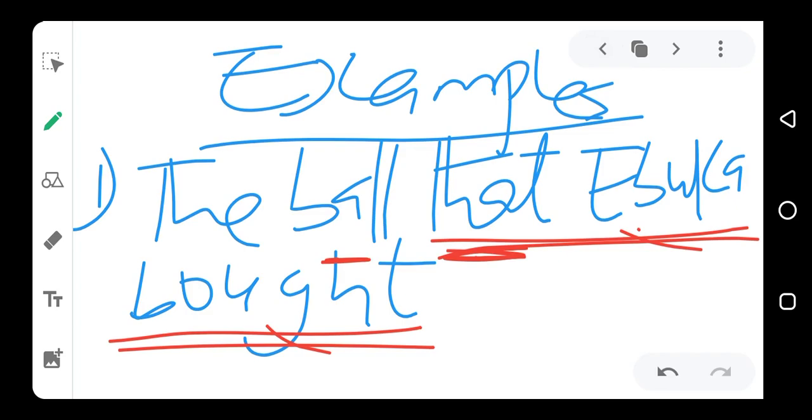So we can also conclude that when we remove an adjectival clause from the sentence, we will still have a meaningful thought. We still know what we are talking about when we remove the adjectival clause from the sentence.